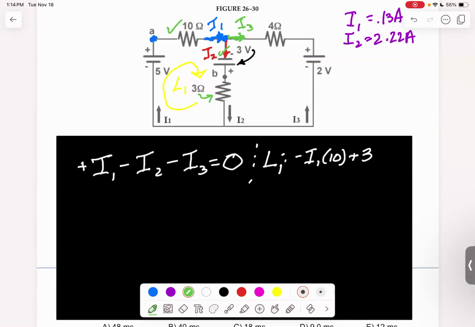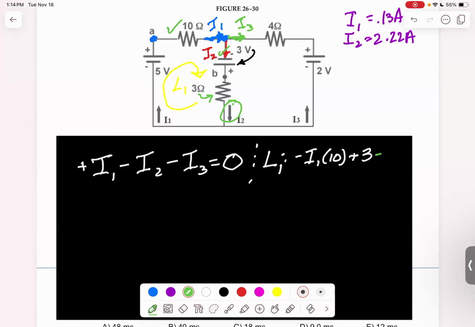And there's going to be a voltage drop. So again, there's always going to be voltage drops in the direction that the current is flowing, or you assumed it to be flowing. And so here I'm telling you that the current is flowing in that direction.